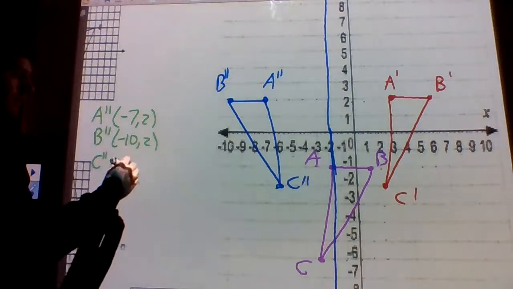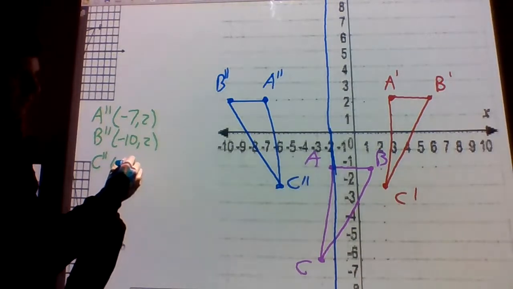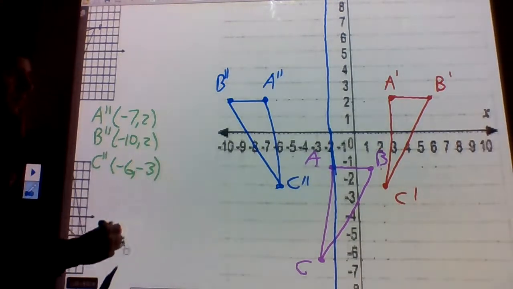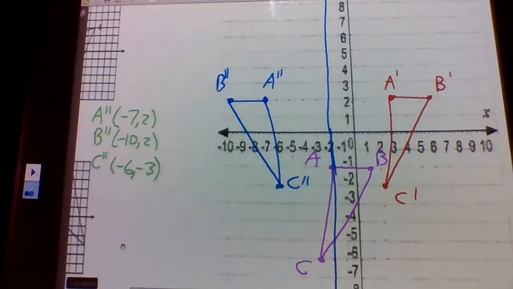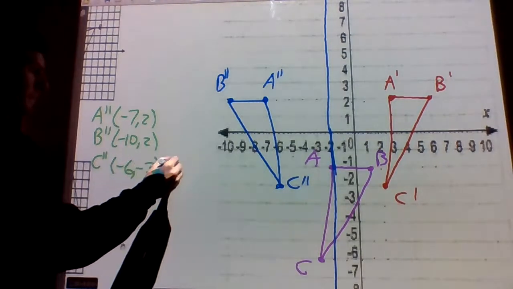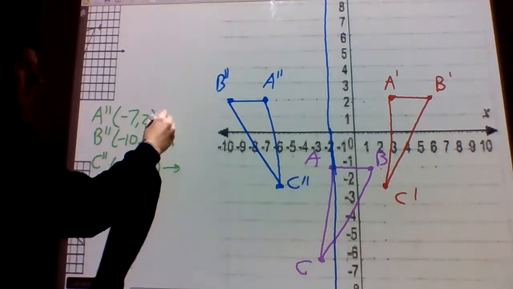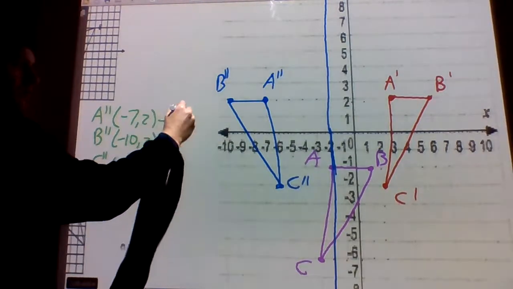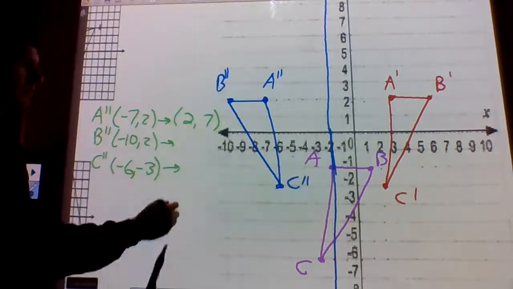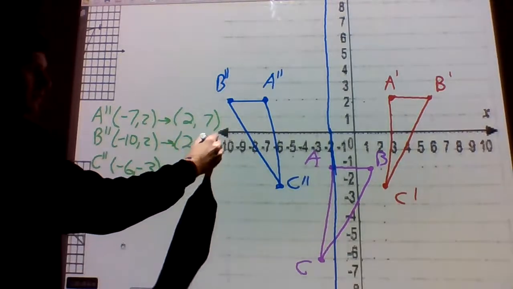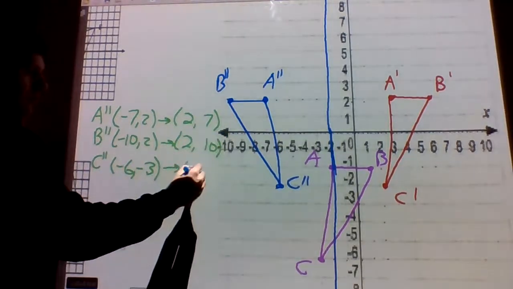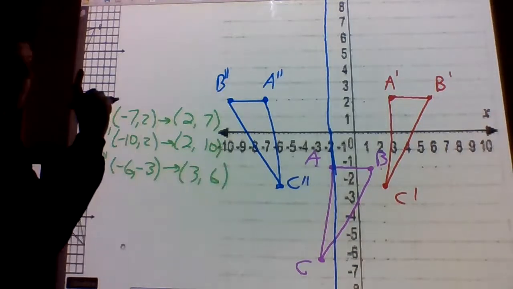And this one's going to be negative 6, negative 3. So to rotate 90, we switch them: 2, 7, 2, 10, and 3, 6. Okay, that's step 1.